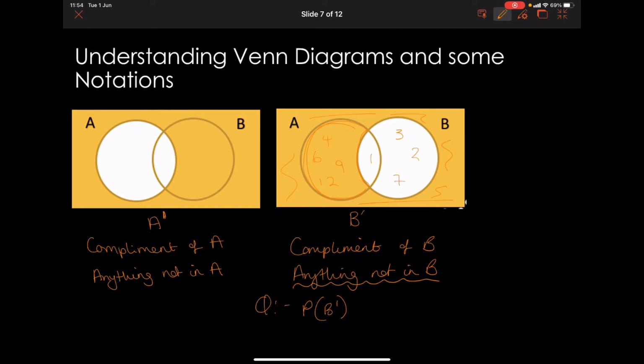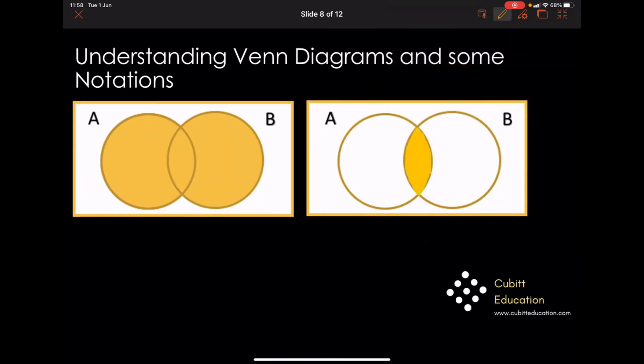Now, the last two are quite tricky, so let's have a look at those. This first one, we have to write like this, A and then this funny U shape, B. And this means A union B. So this is like saying what's the probability of getting anything that is in A or B all together.